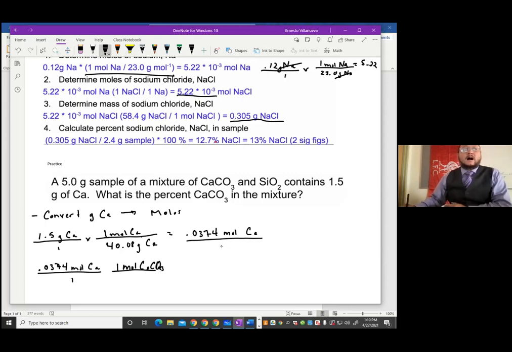In 1 mole of calcium carbonate, there is 1 mole of calcium, because there's no number here. So I get a 1-to-1 ratio, and I'm going to end up with 0.0374 moles of calcium carbonate.